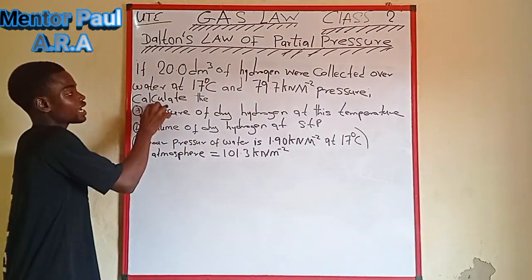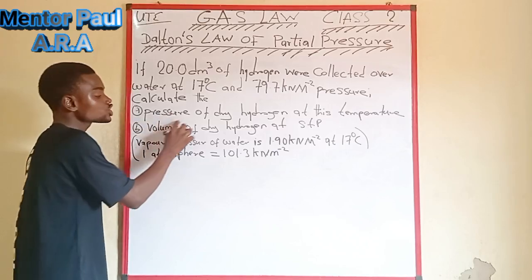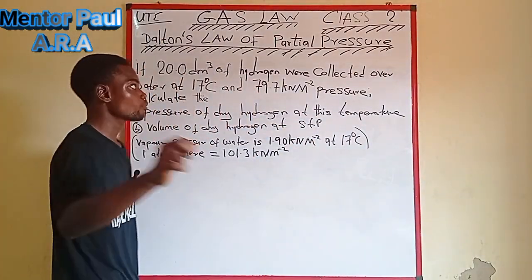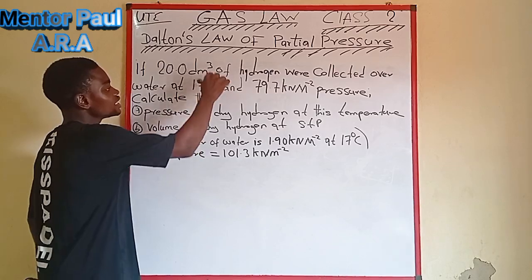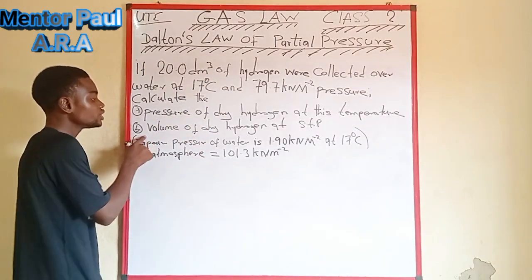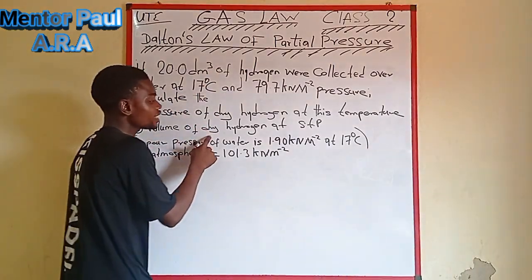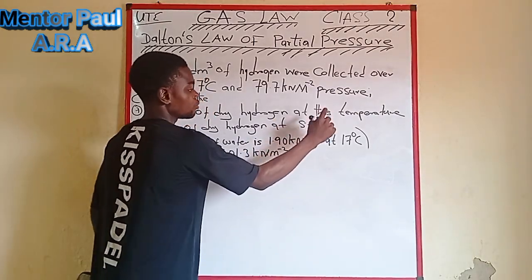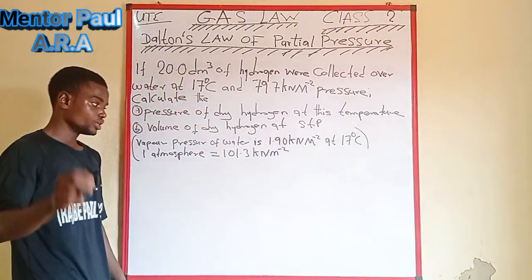We go again. Calculate A, the pressure of dry hydrogen at this temperature, that is 17 degrees Celsius. B, the volume of dry hydrogen at standard temperature and pressure. That's what we mean by STP.